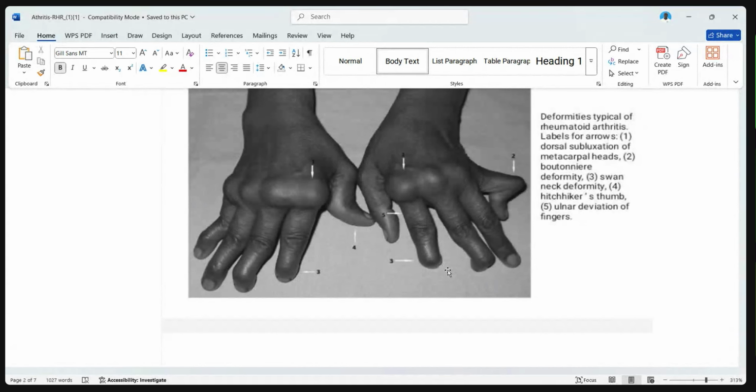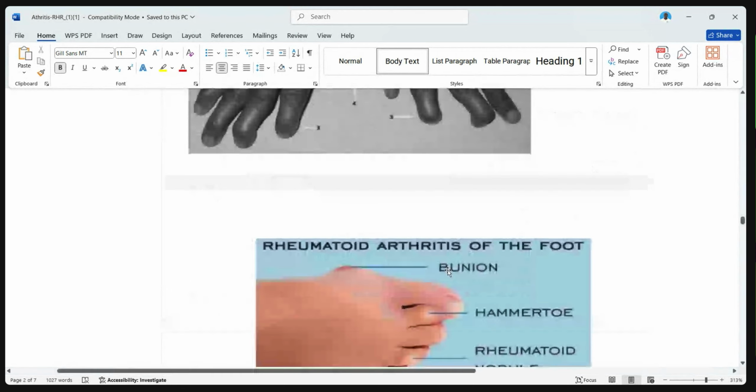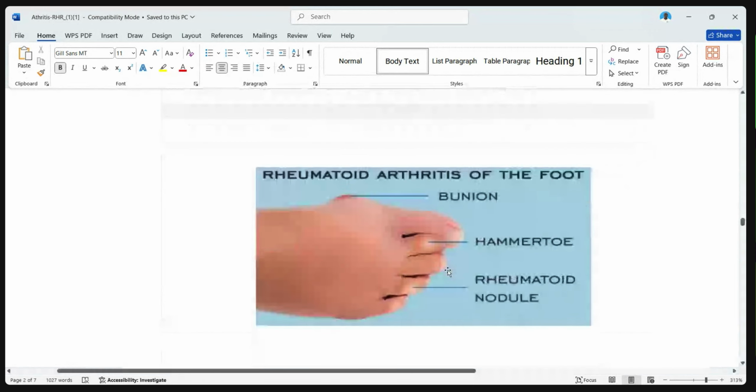And of course, there's joint dislocations. Then rheumatoid arthritis in the foot, you can see the presentation. There are some of the things that when you see such pictures, you're able to question in the line of arthritis. Kuna joint dislocation around that area, and even around this area and around that area.